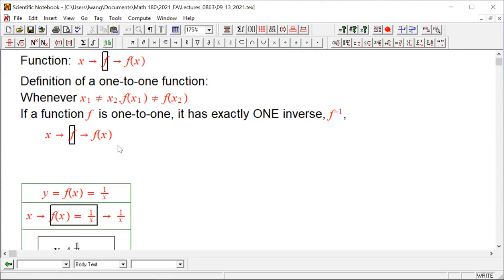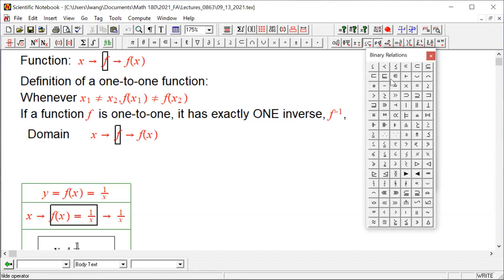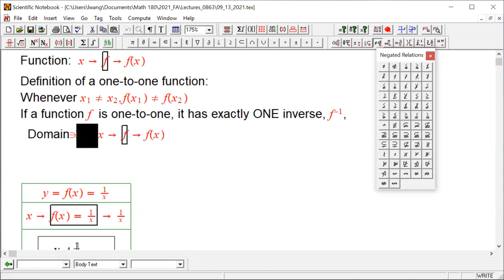So what does the inverse do? For the function, there's a domain, and the input is taken from the domain. So this x is from the domain of this function, and f of x will belong to the range of the same function.